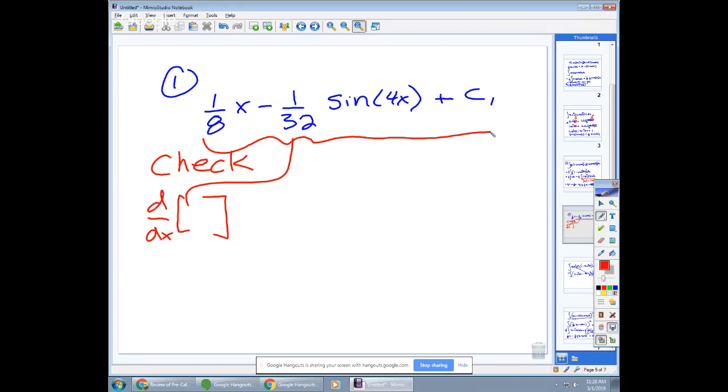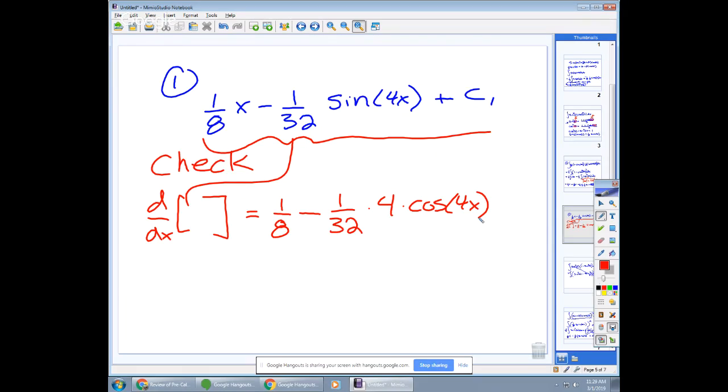The derivative of 1/8 x is 1/8, minus the 1/32 is a constant, and then the derivative of the sine of 4x would be 4 times the cosine of 4x. And the derivative of c, goodbye, it's 0, right?